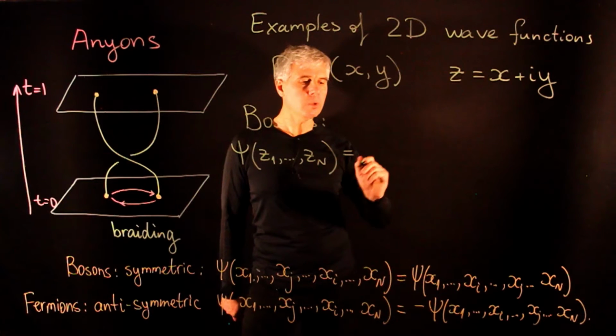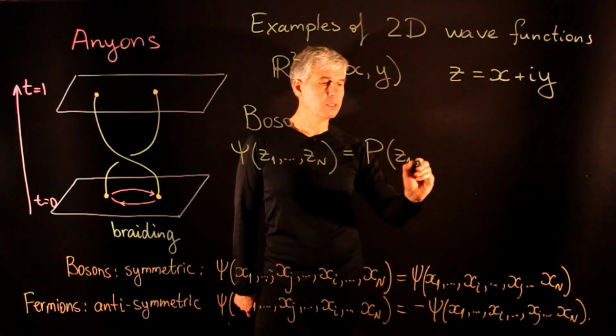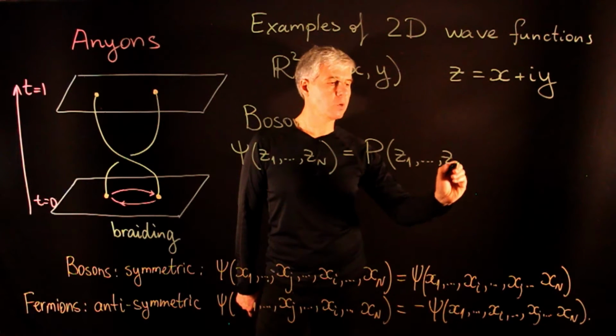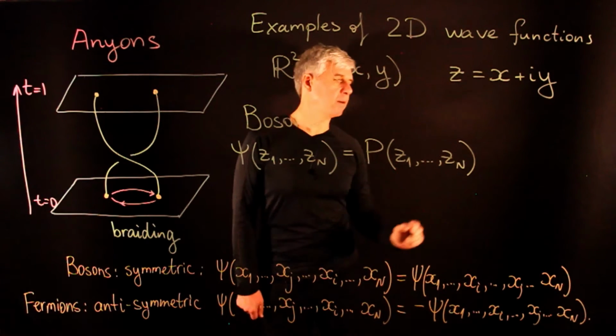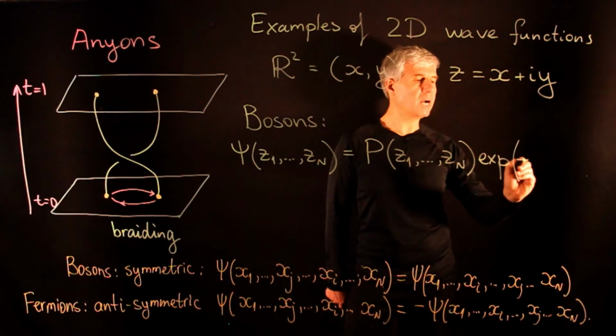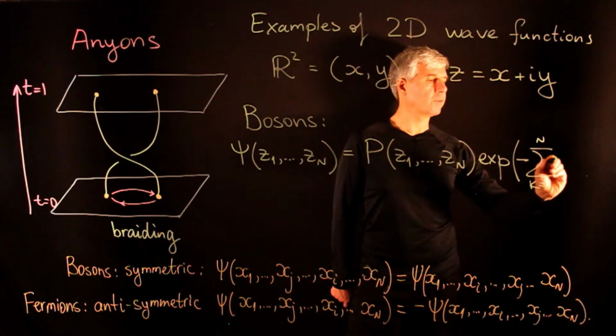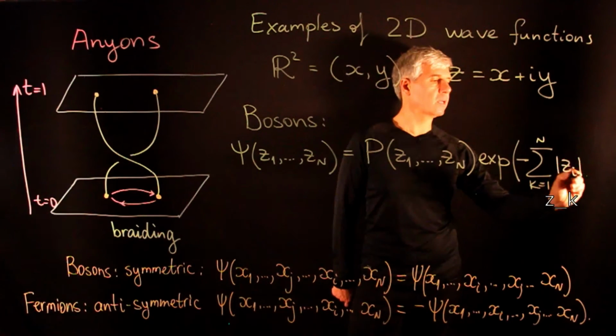We take a symmetric polynomial in variables z1 through zn, and multiply it by the exponential of minus the sum, k goes from 1 to n, of the norm of zk squared.